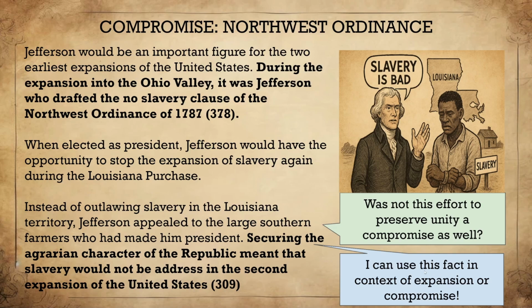Actually, it's not. This fact can be used for expansion or compromise or both or any other way. That's the part of analysis. But look on page 309. So I'm on page 309, and let's look at an important fact about the Louisiana Purchase that helps us understand why compromise may be a good place for us to argue here.